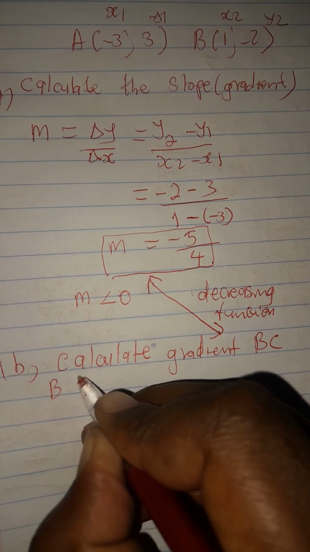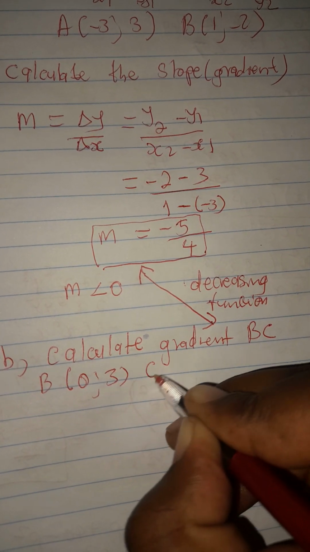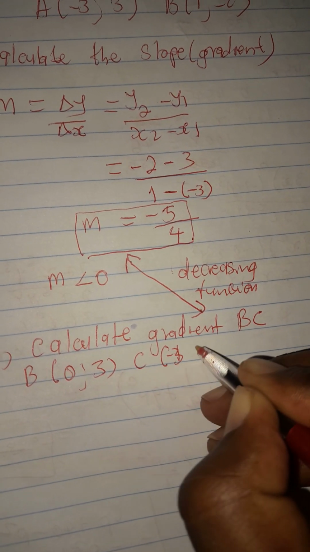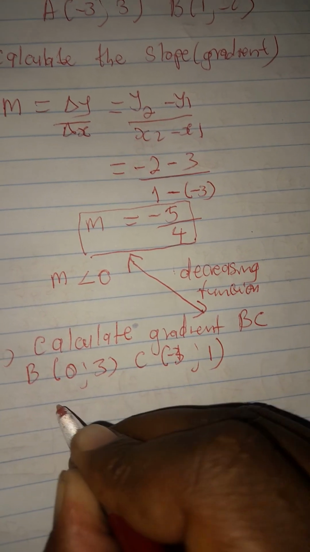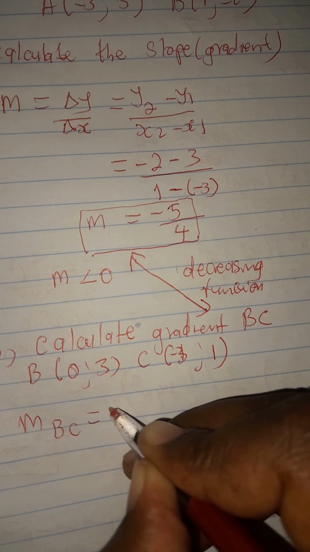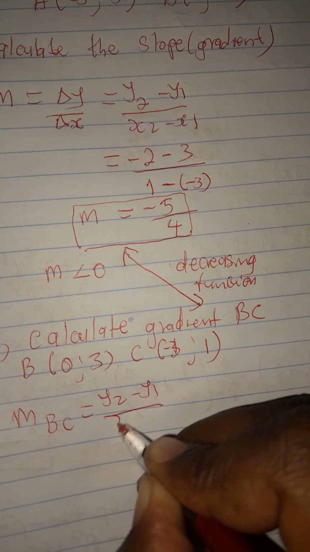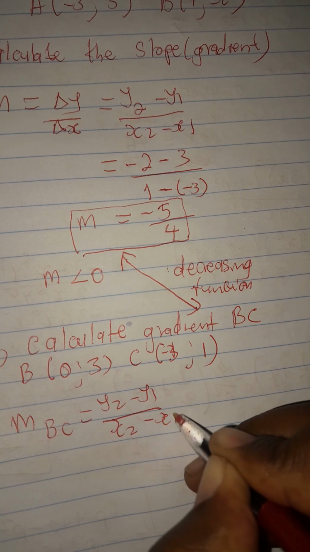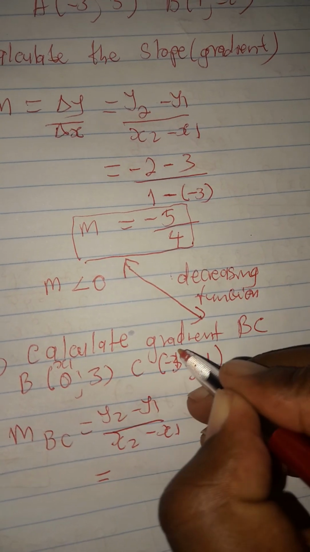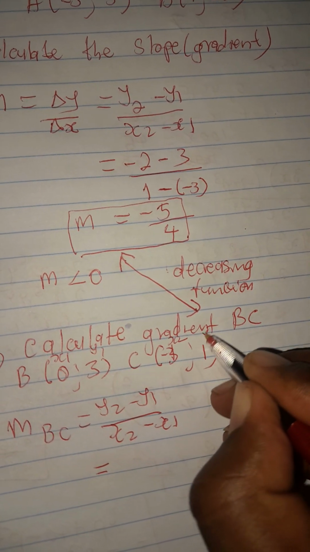We are given B as (0, 3) and C as (-3, 1). Remember, the gradient of BC is change in y all over change in x. Change has to do with the difference, that's why we subtract. So this is x1 and x2, and y1 and y2.